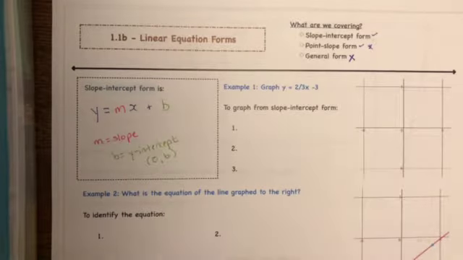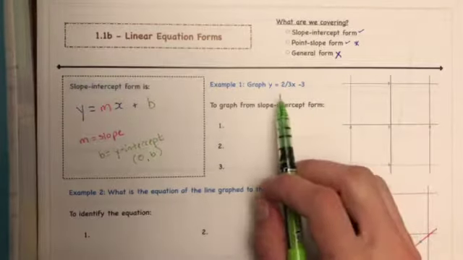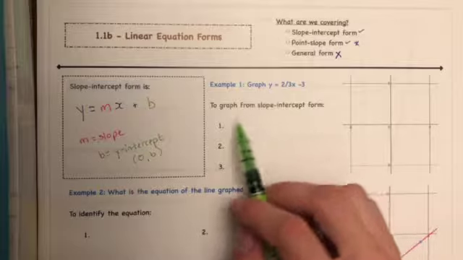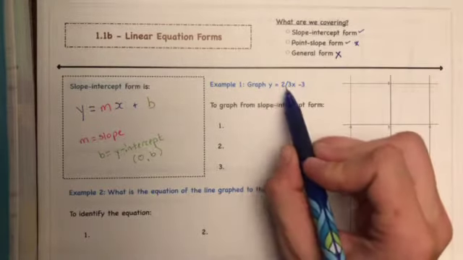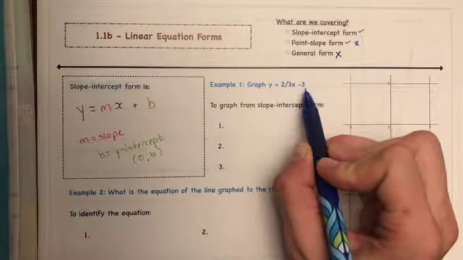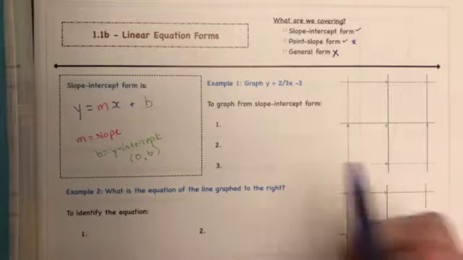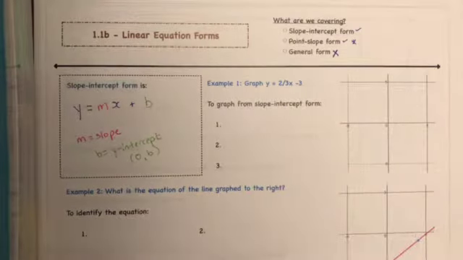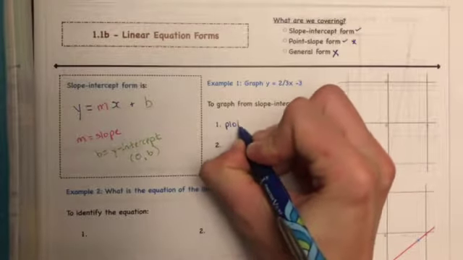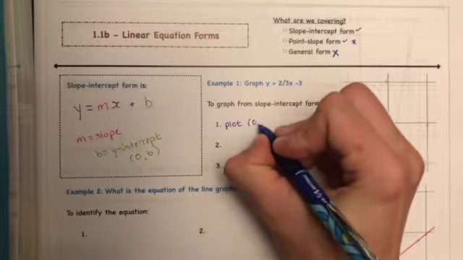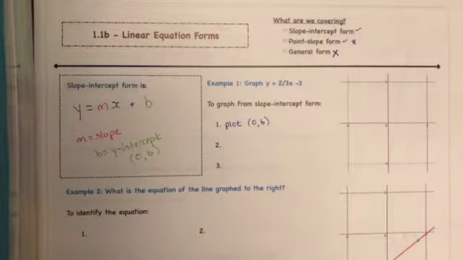If you are unfamiliar with how to graph these kinds of lines, I'm going to walk you through the steps. We're going to look at the line y equals 2/3 x minus 3 and graph it here. The first thing you're going to do is plot your (0, b), your y-intercept.